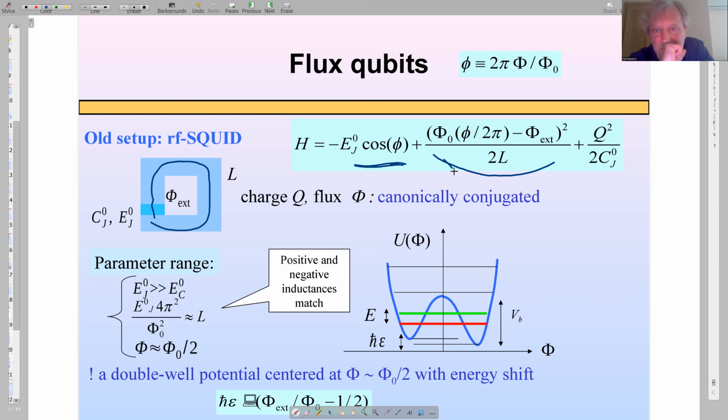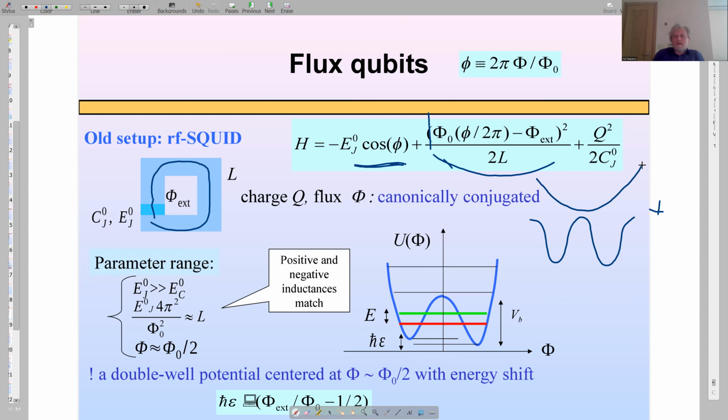What would be a good choice? Josephson energy goes like this, and the inductive energy applies a parabolic background to this.